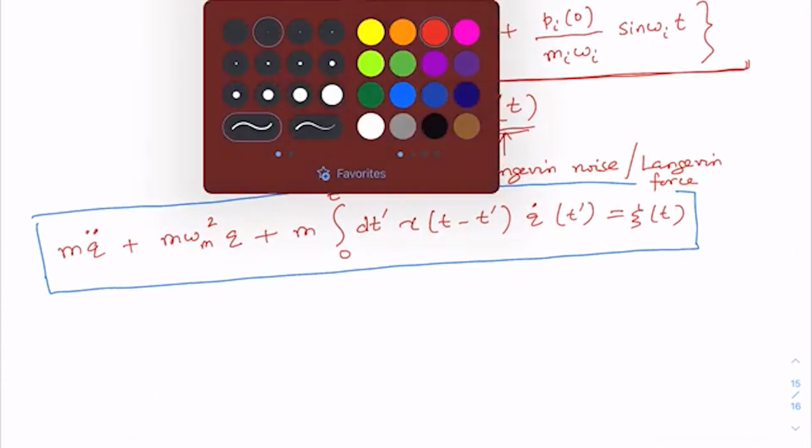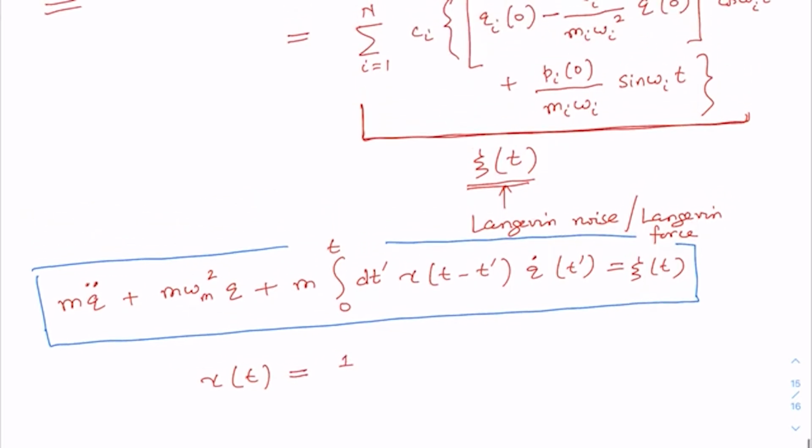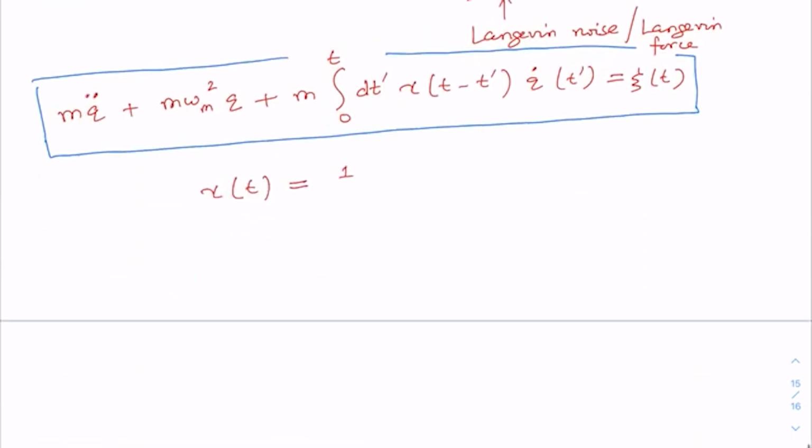And here gamma of t is a time dependent function. It is called the memory function, and it is basically shorthand notation for this particular term here. Let me write it: gamma of t is equal to 1 by m, summation i equals 1 to n of ci square divided by mi omega i, and we have cos omega i t.